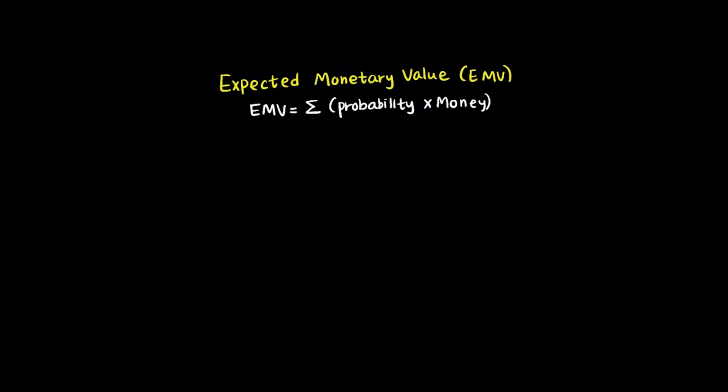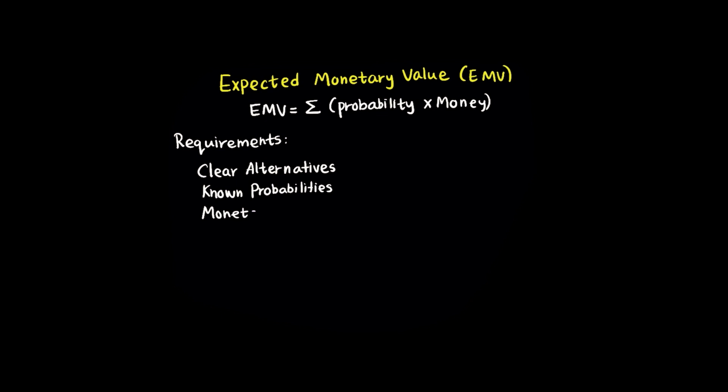Expected monetary value analysis is a powerful decision-making tool, but it has specific requirements. EMV multiplies the probability of each outcome by its monetary value, then adds them up. But this only works when you can clearly identify each alternative and assign it both a probability and a monetary value. If your problem is undefined, you don't know what the alternatives are.